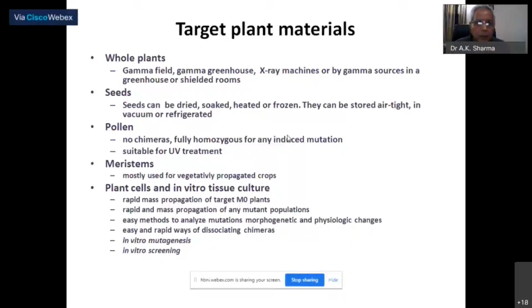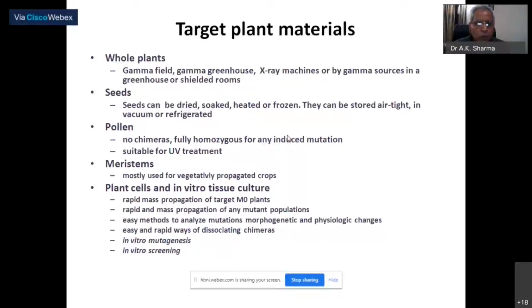For example, whole plants could be target materials, and if you are targeting whole plants, then we have to take recourse to things like gamma field or gamma greenhouses, where we can keep X-ray machines or gamma sources in the center, and around that source of irradiation, we can keep our whole plants, which are normally potted, or they can even be in hydroponic systems.